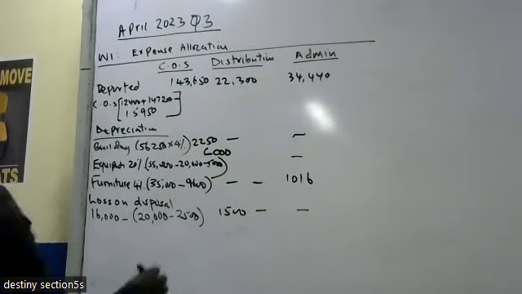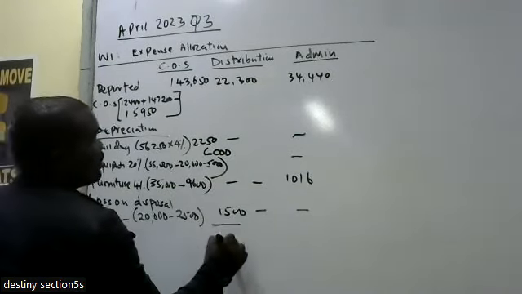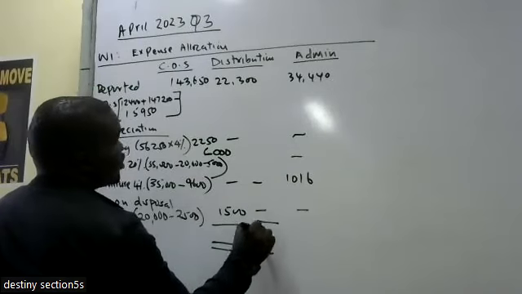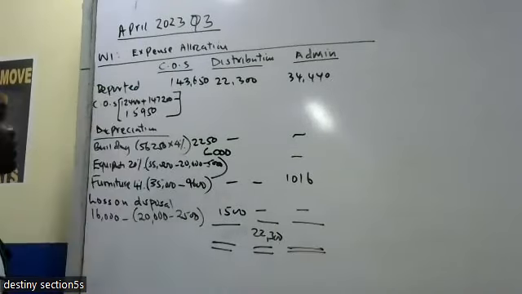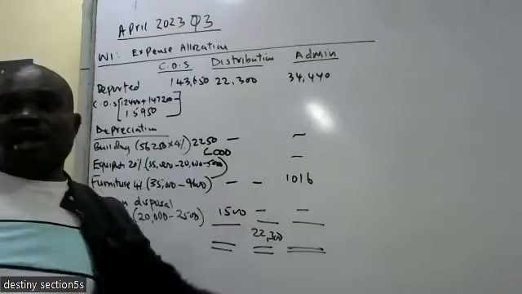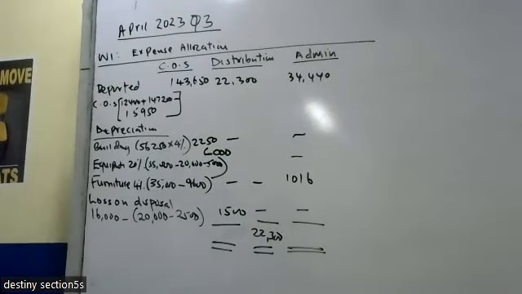So can you add for me this? Distribution has not changed, so 22,300. This one has slightly changed. Can you give me the two figures for the cost of sales and administrative? Help me with the two figures.